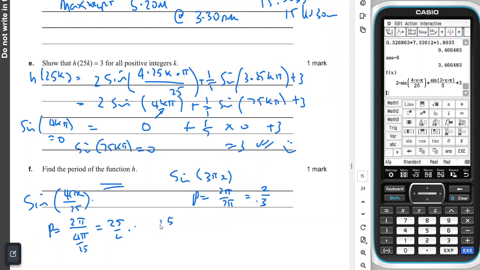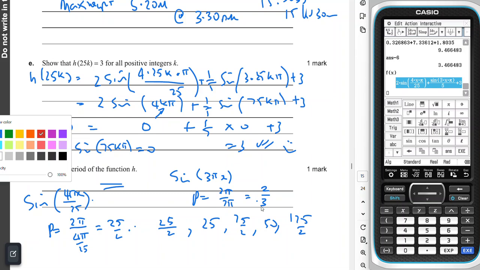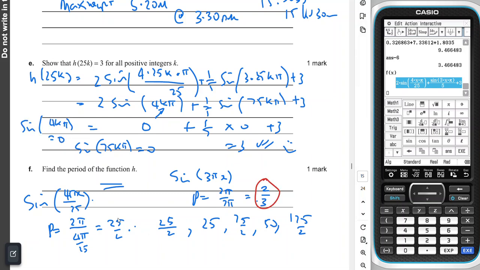So 25 on 2, or 50 on 2, or 75 on 2, or 100 on 2, or 125 on 2. So check which of these. The period of the function, which is all of this, will be what both 2/3 can divide into and what 25 on 2 can divide into.